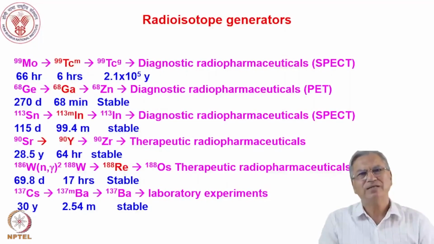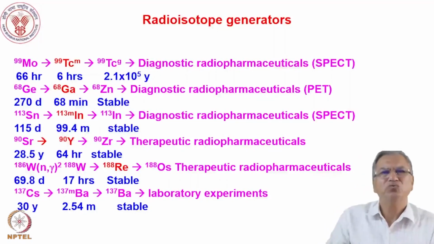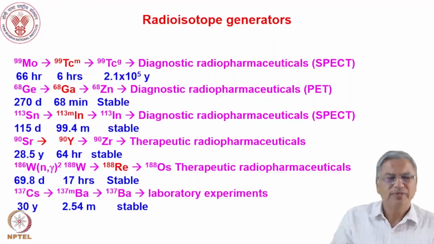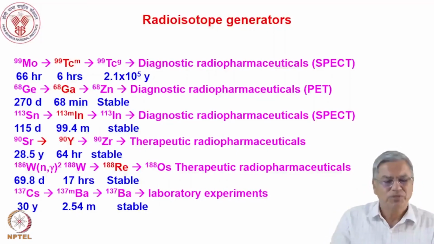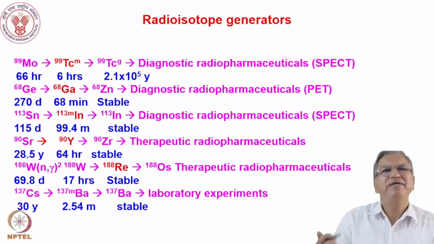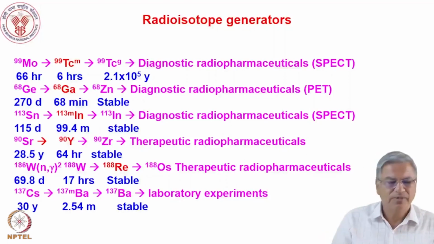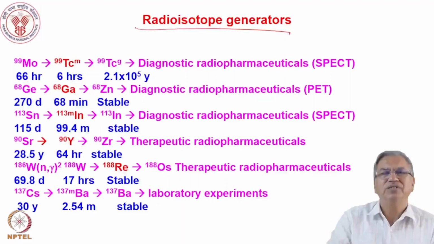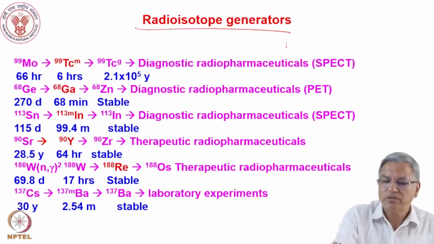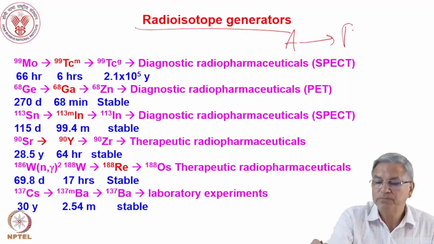There are other ways also where you can have radioisotopes. I have separated this class of radioisotope because they are very handy in many applications. So I give you some of the generators. Radioisotope generators means you have a parent-daughter relationship.